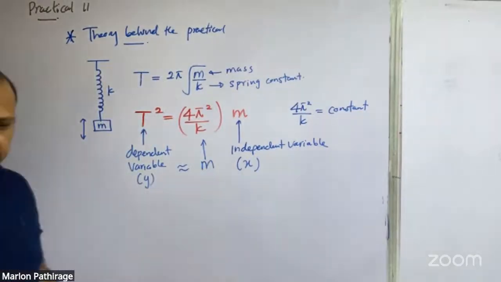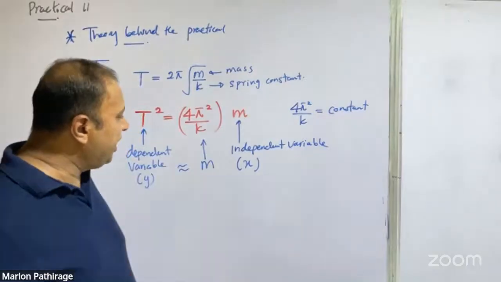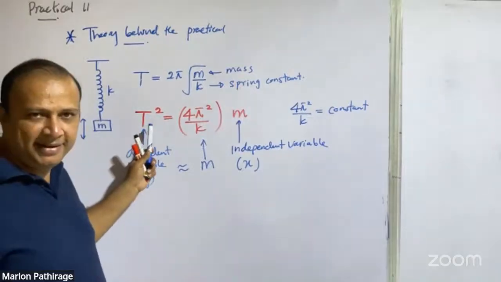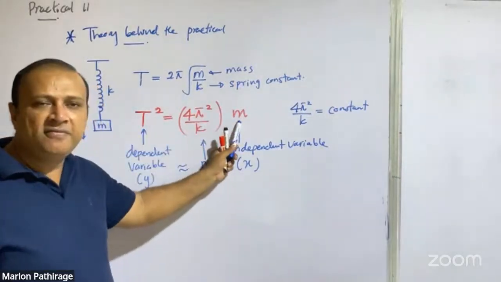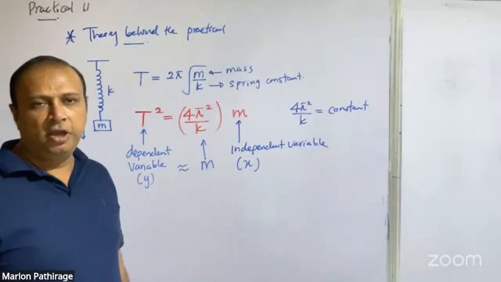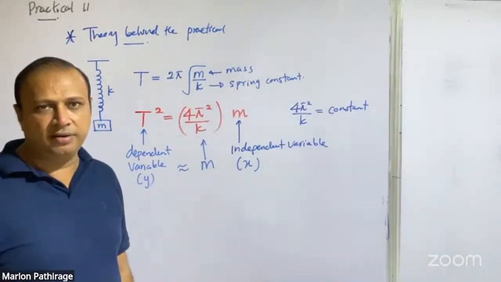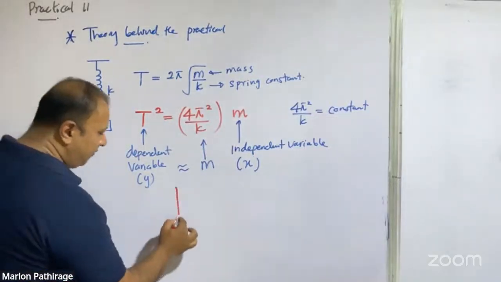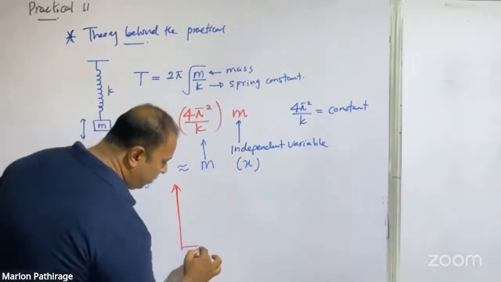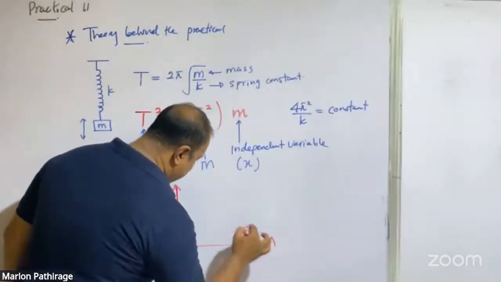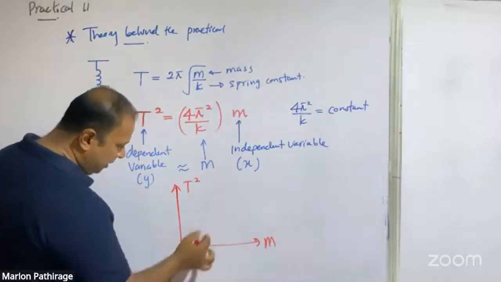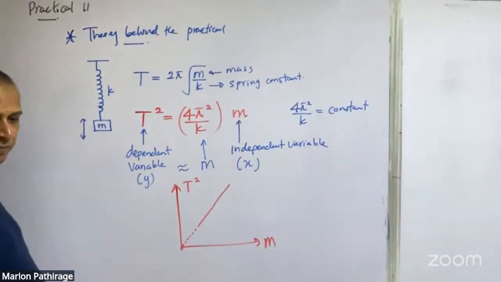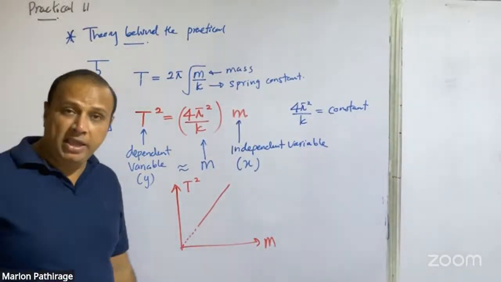This is the variable. Therefore, if you change the mass and measure the period of oscillation, and if you plot the m versus t squared graph, it should be a y equals mx type graph.